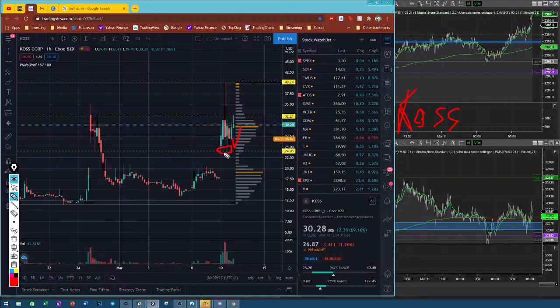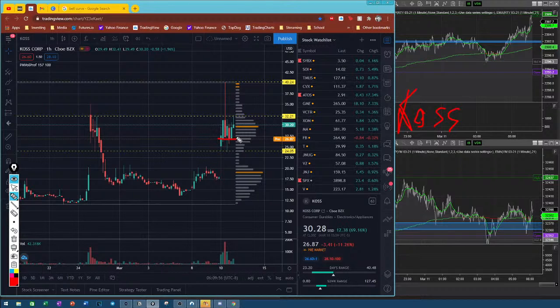So that's basically an unfinished auction, and at some point I would expect the market's going to come down, fill this gap, and then maybe bounce and continue higher, and repair this poor structure here. So I'm a little bit mixed on this. It is holding right at the base of these candles, which I like. You can see all these candles either opened or closed right in this area.